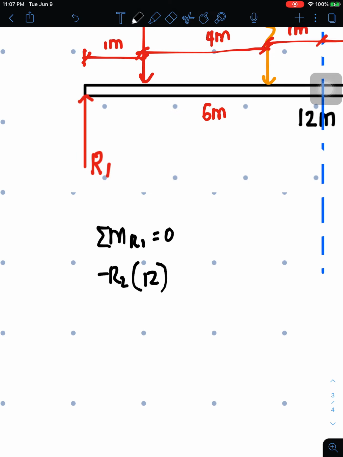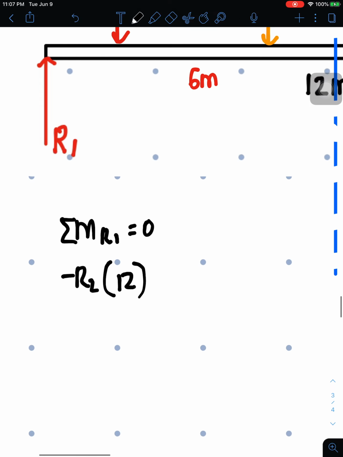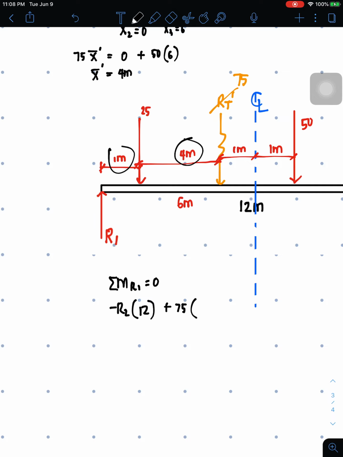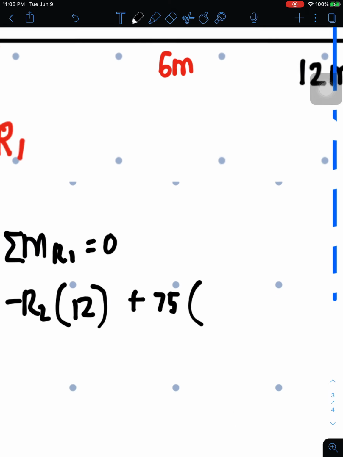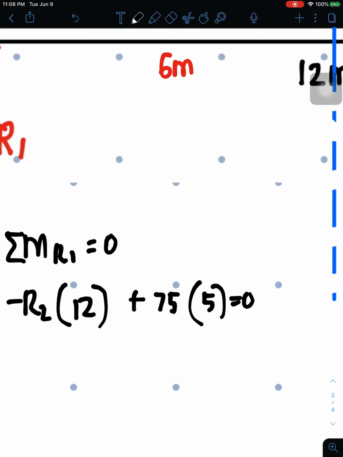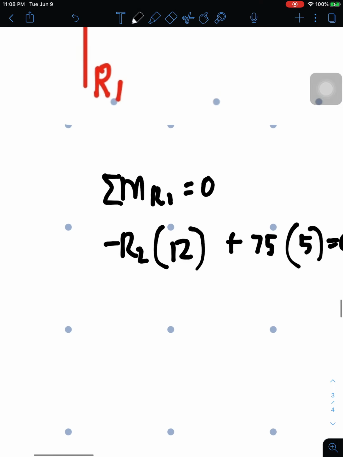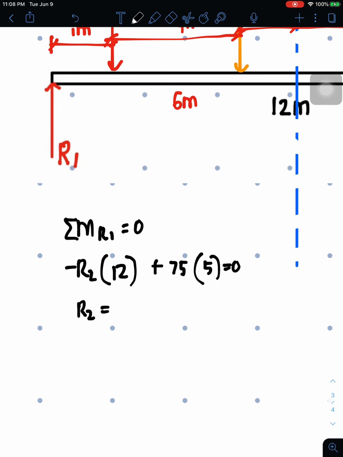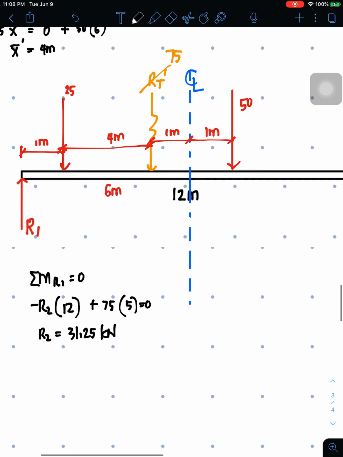Ako din siyang gi-equilibrium. That's 75 plus 75 times pilay moment arm. That's 4 plus 1, 5. Equal to 0. Anyway, transpose this to the other side, it will become positive. So 75 times 5 divided by 12, it's 31.25 kilonewtons.